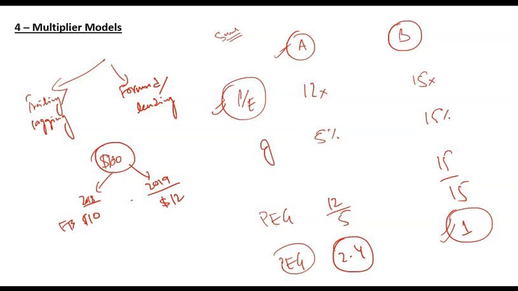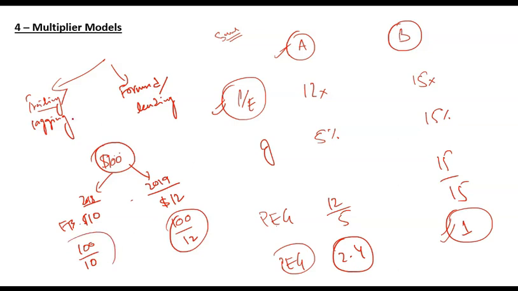So if you divide the current price by the historic EPS, then that will be known as trailing P/E, or last 12 month P/E, or lagging P/E. So lagging P/E would be 100 divided by 10. And if you divide it by the next 12 months EPS or next year's EPS, that will be known as forward. So this will be your forward P/E.